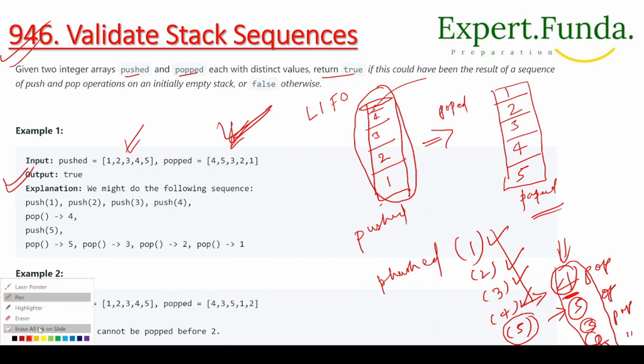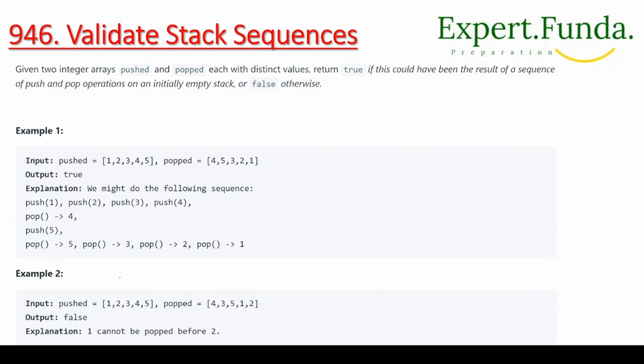Now let's consider another example, example 2. We have 1 2 3 4 5, and another we have the popped elements, like this, right? If we consider pushing these elements, first we push 1, then 2, then 3, then 4, and then we'll do 5. So what will happen?